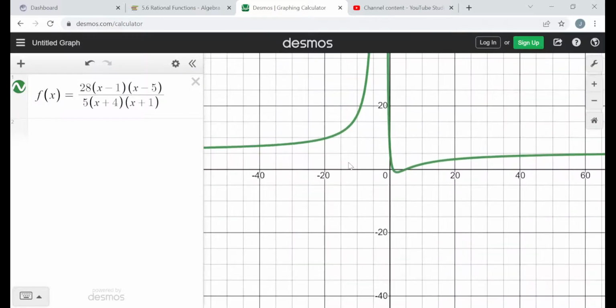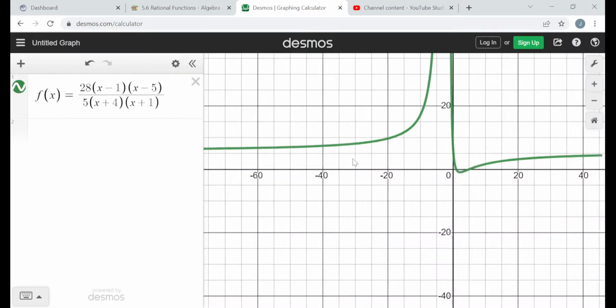And then look at this. You see you got (0, 7) for the y-intercept. You got (1, 0) and (5, 0) for the x-intercepts. And it has vertical asymptotes at negative 1 and negative 4.